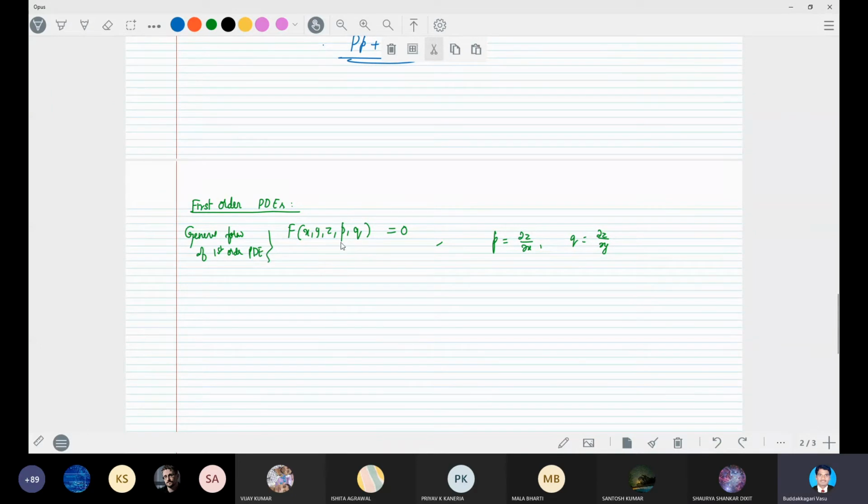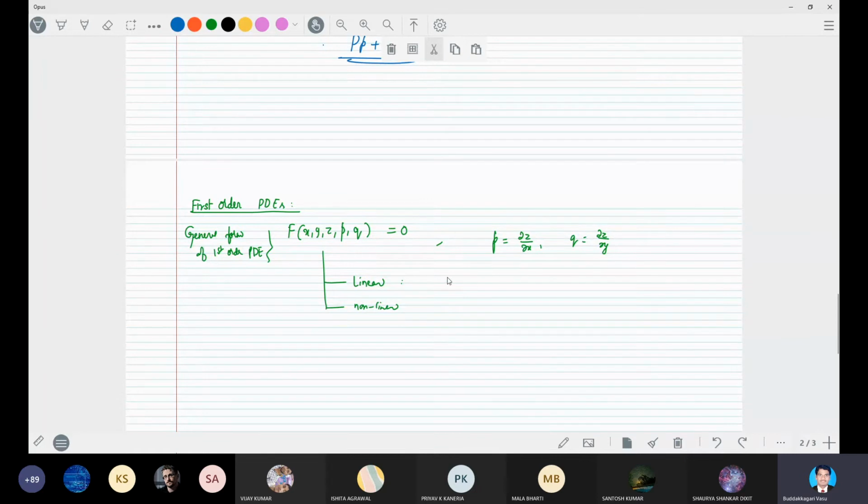F of x, y, z, p, q is equal to 0. So now again, we can classify this as linear or non-linear. How can we say it is linear?